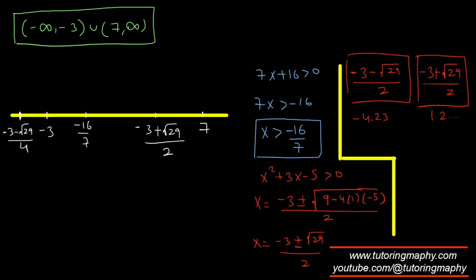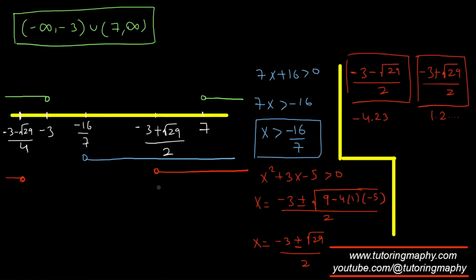Now see carefully. The green one is happy when negative infinity to negative 3 and 7 to infinity happens. The blue one is happy when x is greater than negative 16 over 7. And the red one is happy because this has to be positive, right? So positive means it has to be negative infinity to negative this thing, and then this one to infinity.